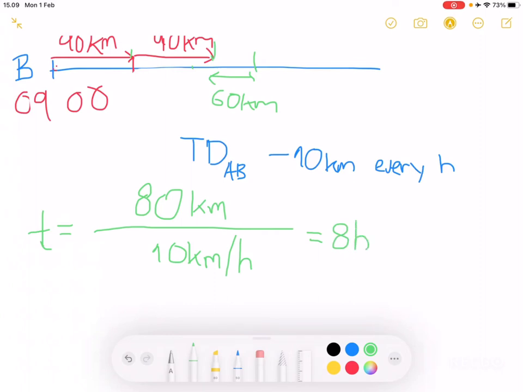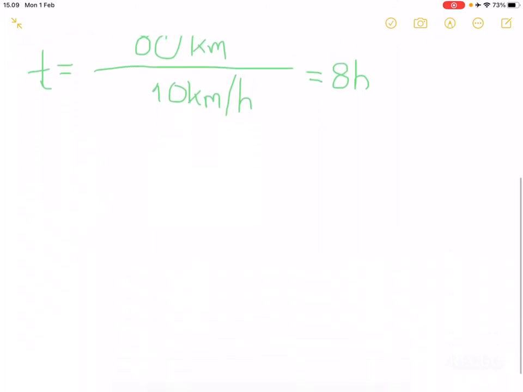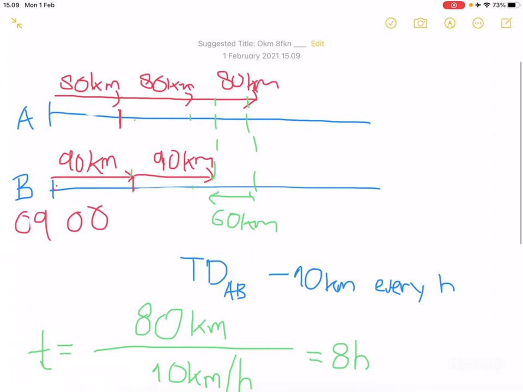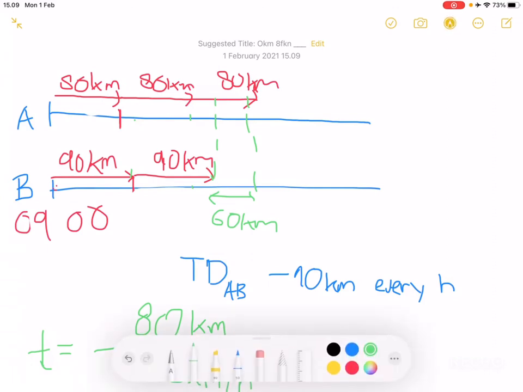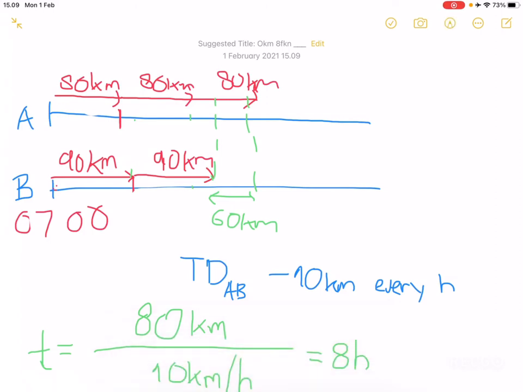However, that's not the final answer, since it asks what time. So it's pretty easy to do this. We need to consider our time of observation, and the time we chose first is 7 hours, and this is where both cars will start to move or be in motion.